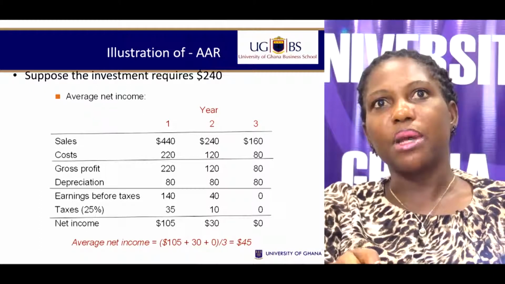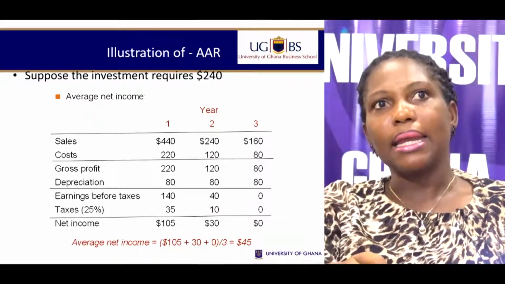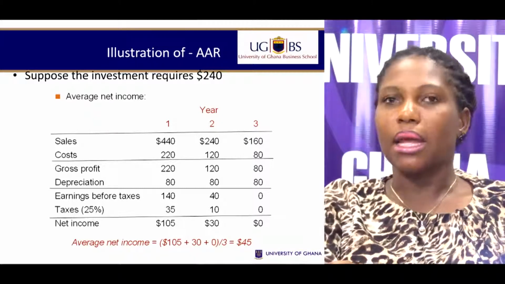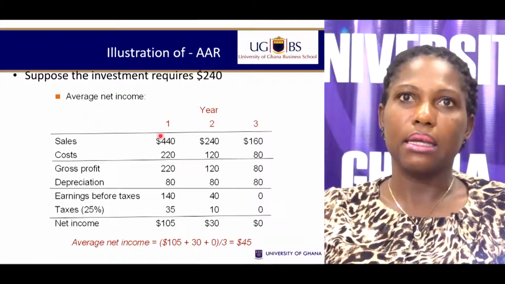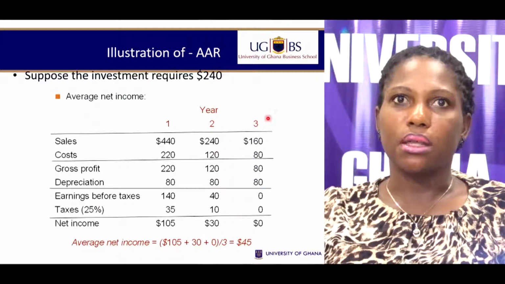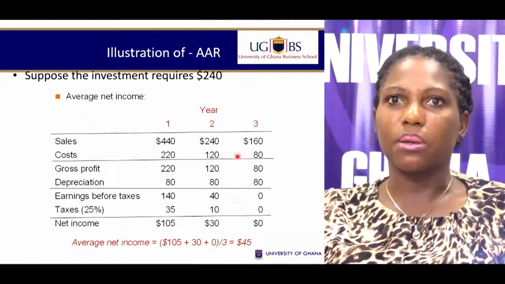Suppose that an investment requires 240 USD, and it has an economic life of 3 years. So this is captured as year 0, year 1, year 2, year 3. Now these are the financial statements over the period.